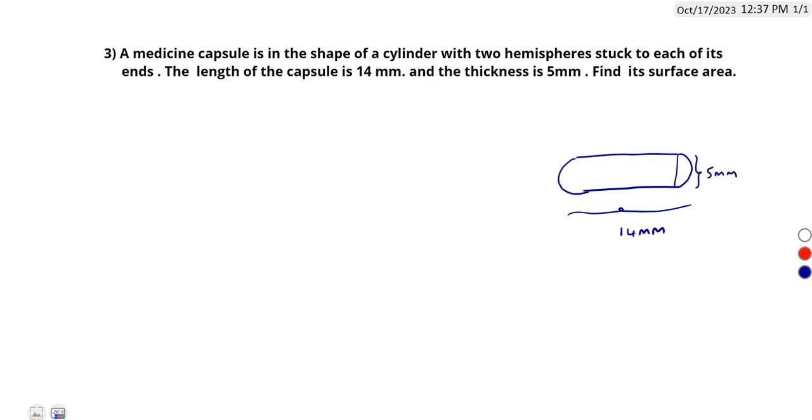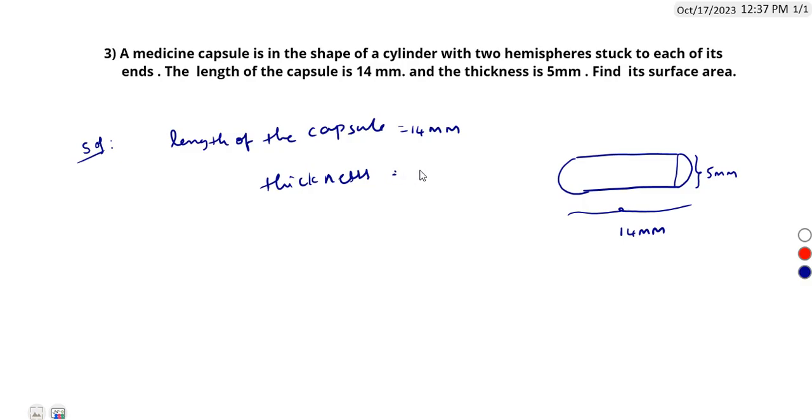See, first, length of the capsule equals 14 millimeters. Thickness equals 5 millimeters.